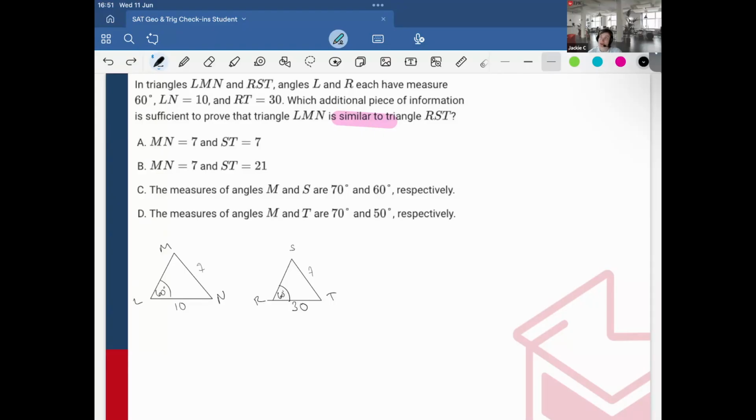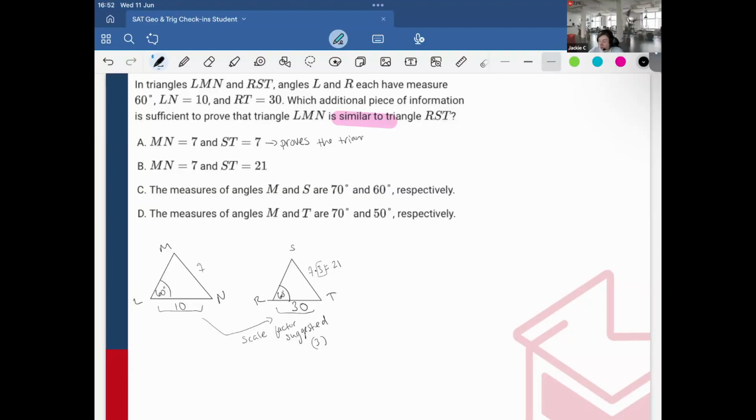And similarity is about proportions, not equal side lengths. So, for example, the scale factor, if they are actually similar, would be that each side is multiplied by 3. So for this to really be helpful, it should have a scale factor of 3, which it doesn't. So it's not proportional.